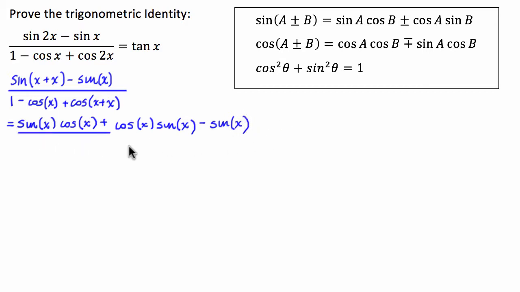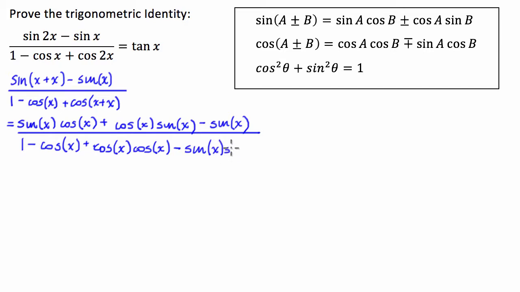And then that's all going to be divided by 1 minus the cosine of x. And then we're going to expand this one, plus we've got the cosine of x times the cosine of x minus, because it's always the opposite with cosine, the sine of x times the sine of x.